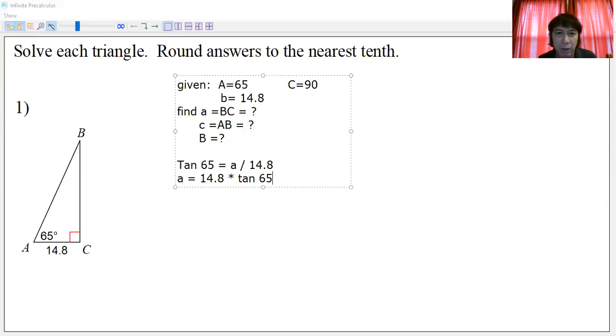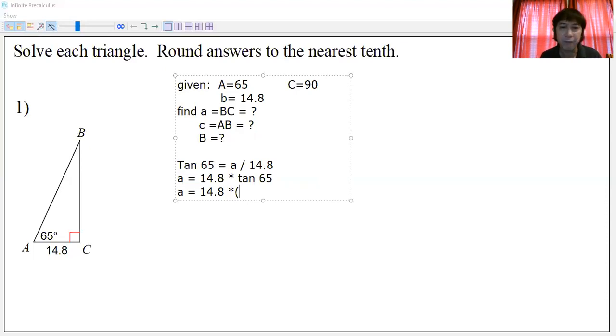I will just show you the value after using my calculator. Make sure you have a calculator beside you and compute for tangent of 65.